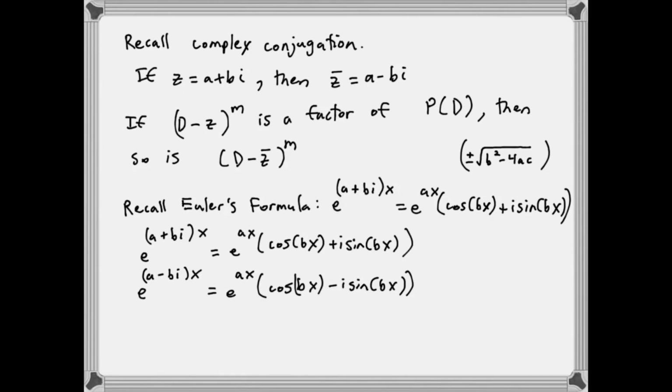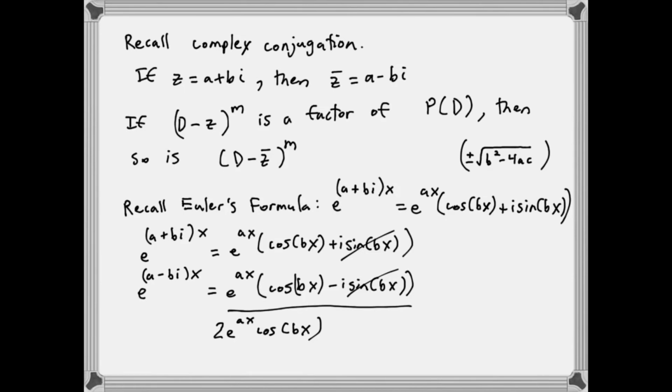Okay? Now, what happens if you add the two terms on the right? If you add them, you get e to the ax times what? Well, these two cancel each other out. You end up with 2 e to the ax cosine of bx.